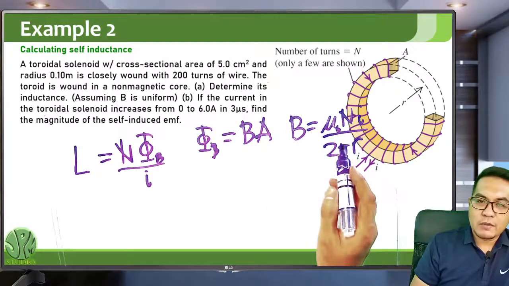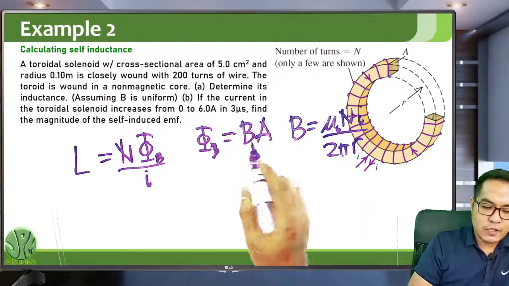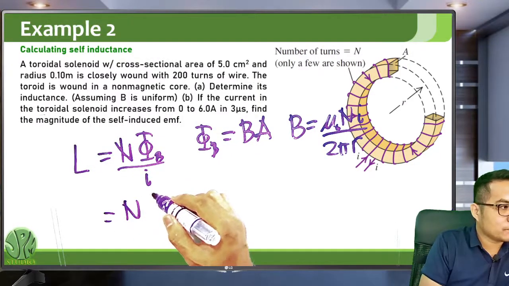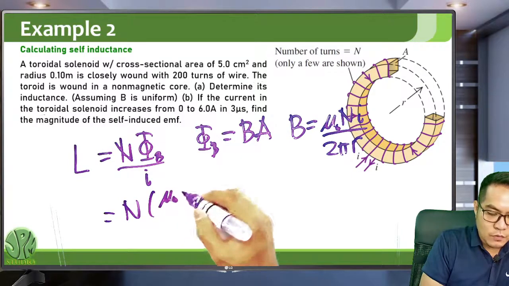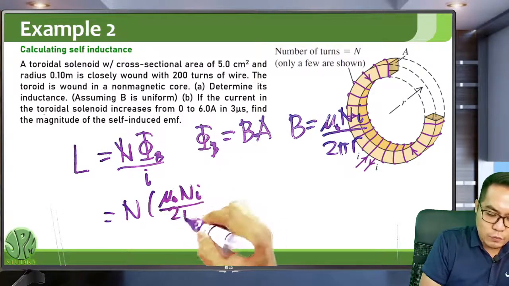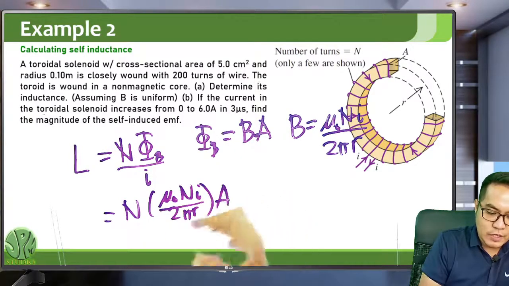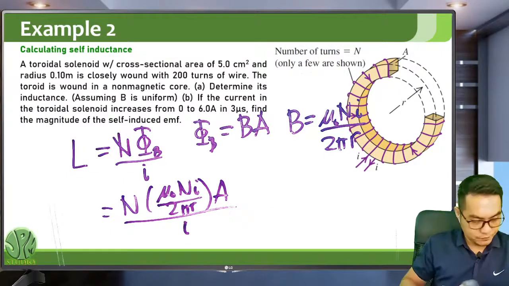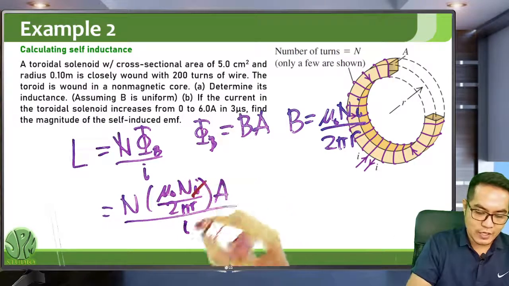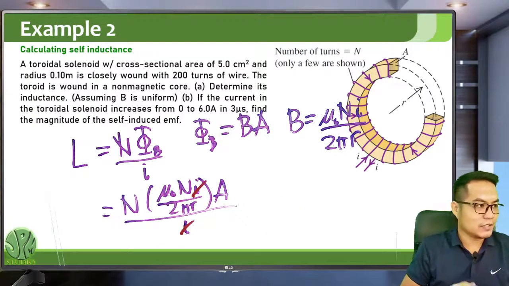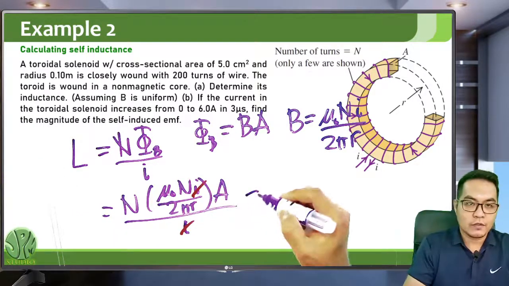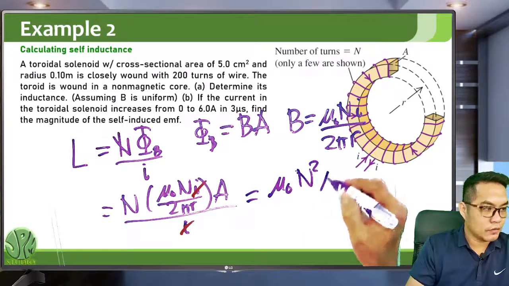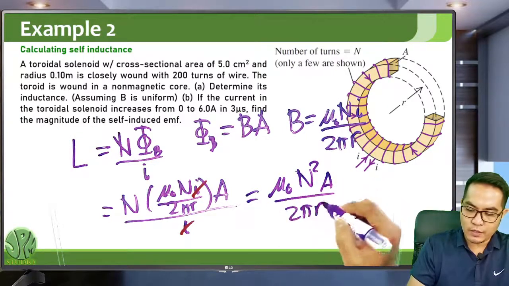So we substitute this to that, and you will get N times mu naught N i over 2 pi r times A over I. So the I will actually cancel. There's an I here, there's an I here, we don't need the I. And we are left with mu naught N squared A over 2 pi r.